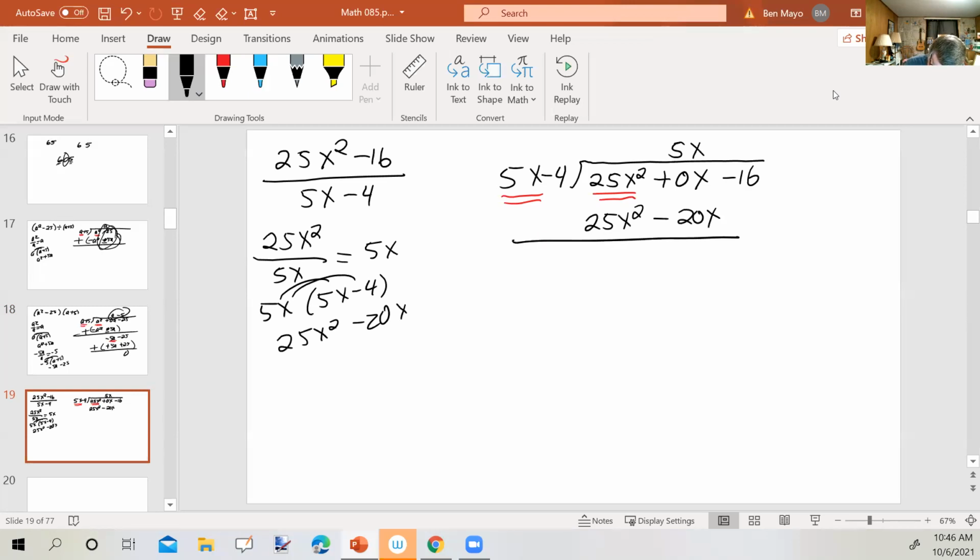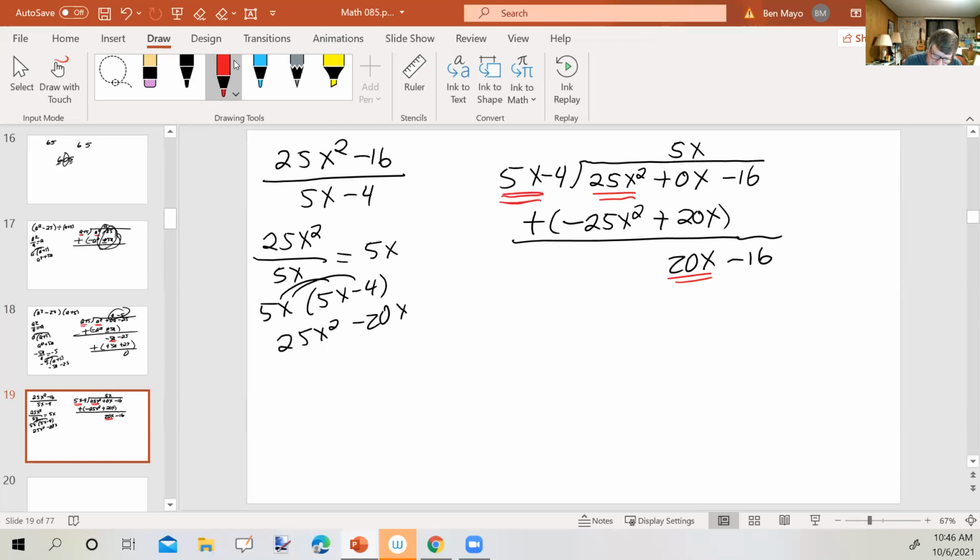We're going to subtract that quantity from what's up above. We'll distribute the subtraction sign or change it to addition of the opposite. Adding up the columns, 25x squared plus negative 25x squared is 0. 0x plus 20x is 20x. Bring down the next term, start the process all over again.